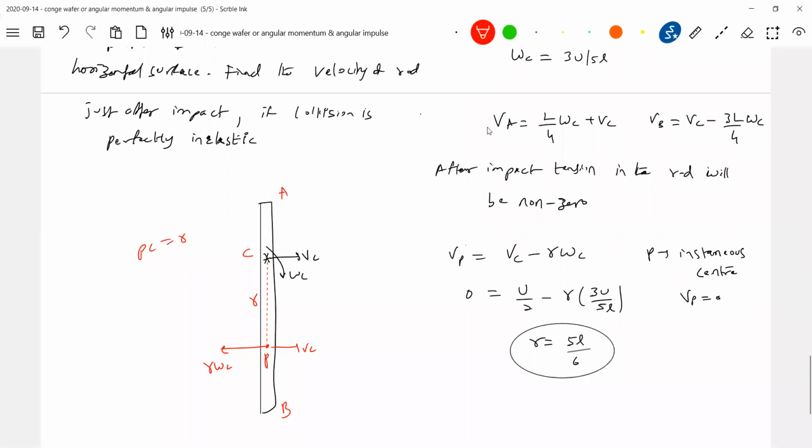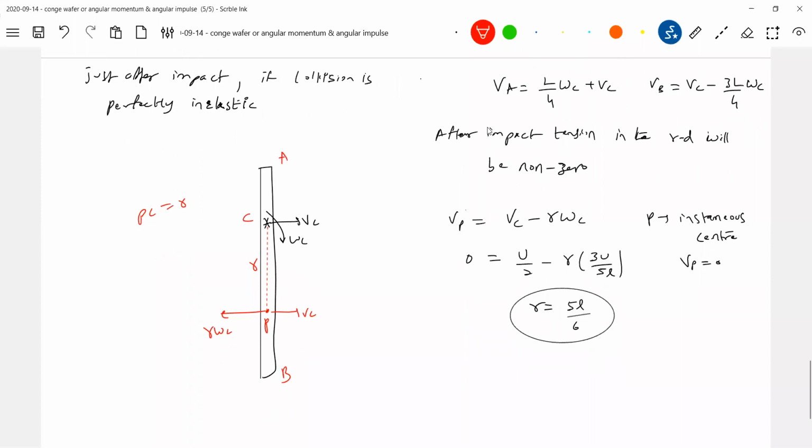So will it lie outside? R will be greater than 3L by 4. Yeah, it will lie outside. The point P will lie outside because this R is in fact greater than 3L by 4. So where will that point lie? Not on the rod.